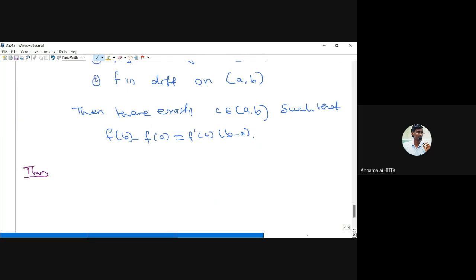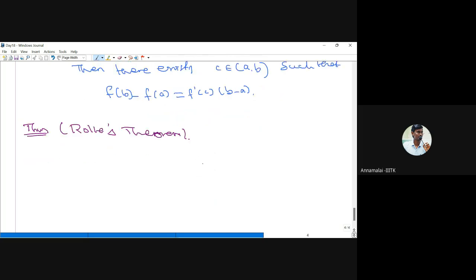Rolle's theorem. These two theorems are very important. Same conditions, the only extra condition you have to assume is that f of a equals f of b. So what the theorem says: again, f is a function from the closed interval a comma b to R such that the conditions are satisfied.